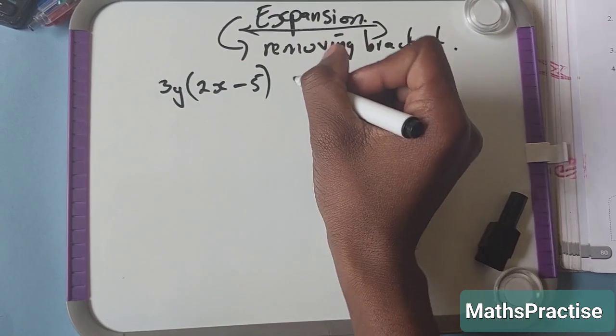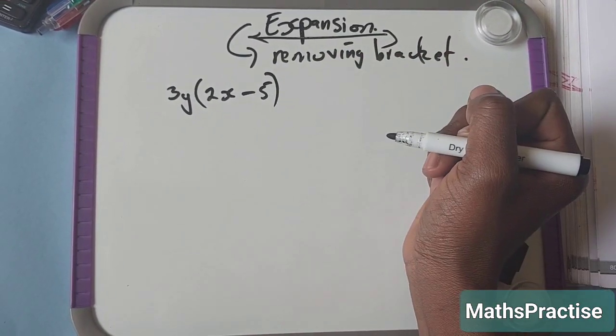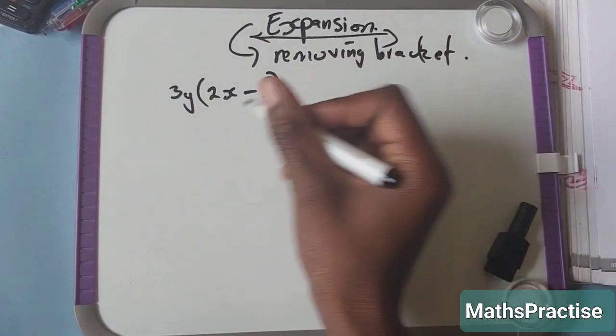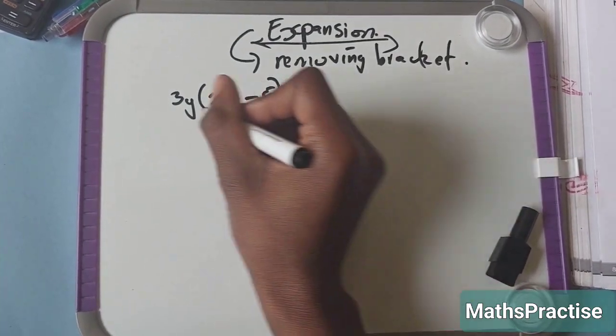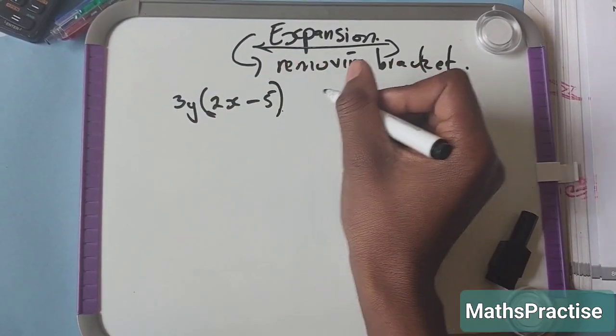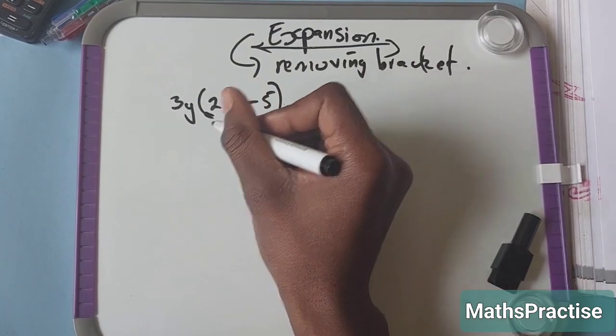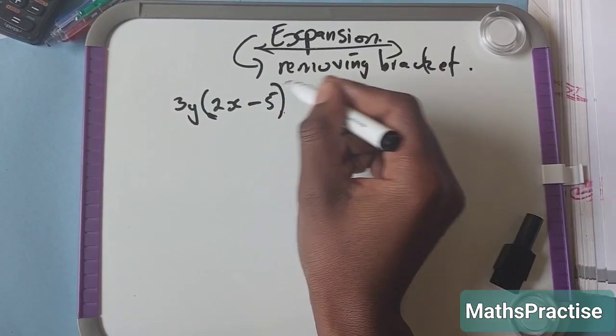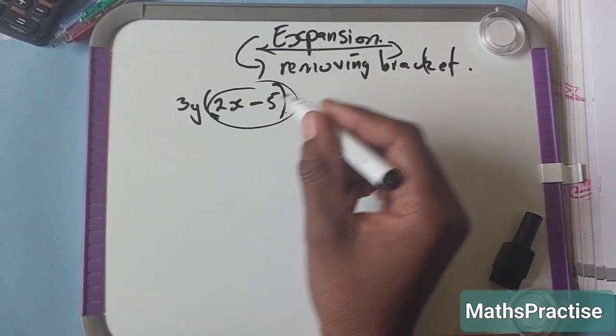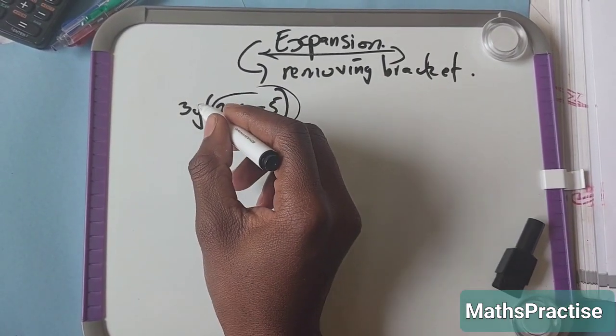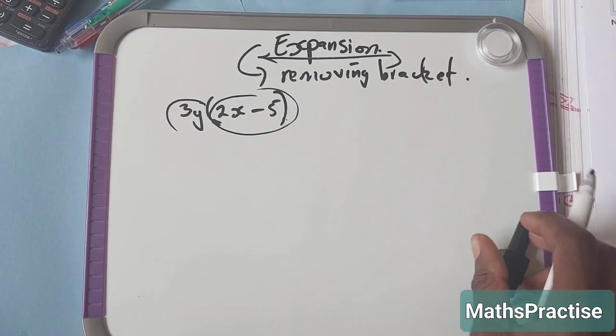So basically you're just going to be using maths laws, where you have to know that brackets simply mean you are multiplying. You are just multiplying all the terms in the bracket with the 3y that is outside the bracket.